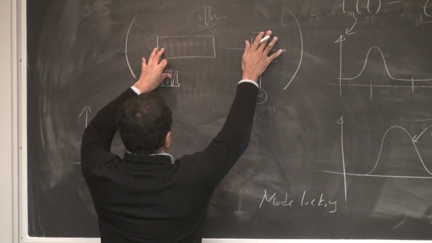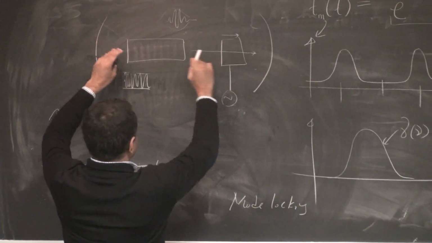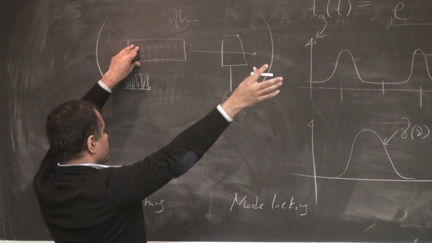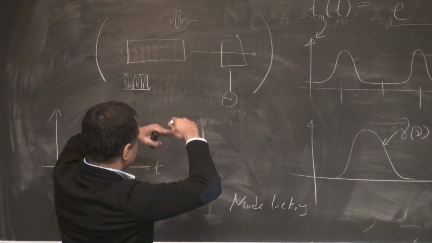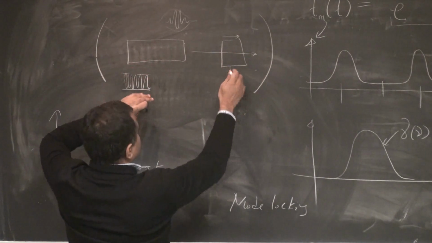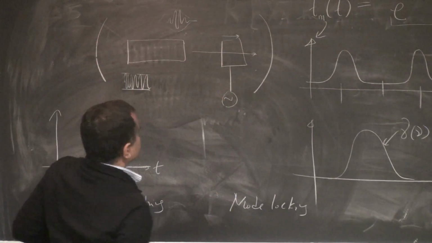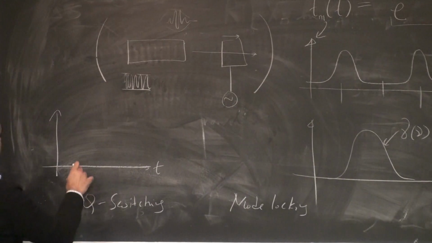You do that by spoiling the Q of the cavity, therefore there's no lasing, so the material can be as population inverted as you want. Typically it's maybe 4 or 5 times the threshold required for lasing. Then suddenly you open a shutter, or you reach resonance, and it dumps out a lot of power in one go.